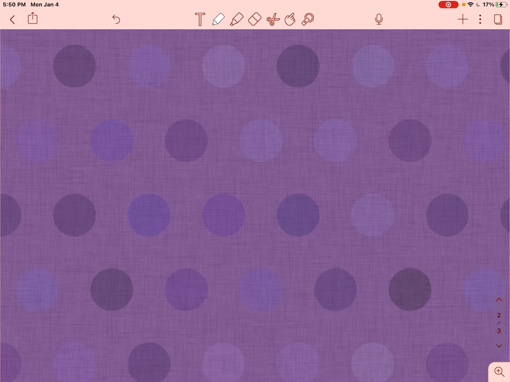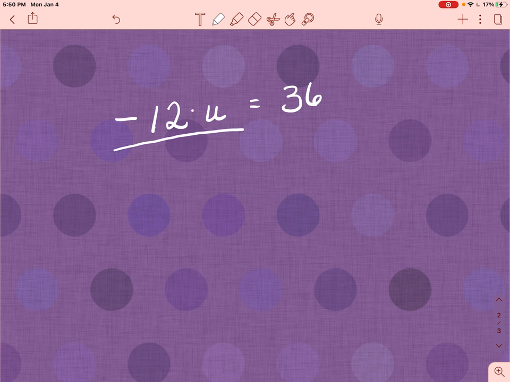What if I had negative 12, and let's make it a u this time, equals a positive 36. Well, this is times, so I'm going to divide. You know it's times because they're right next to each other. There's no plus sign and no minus sign in between.